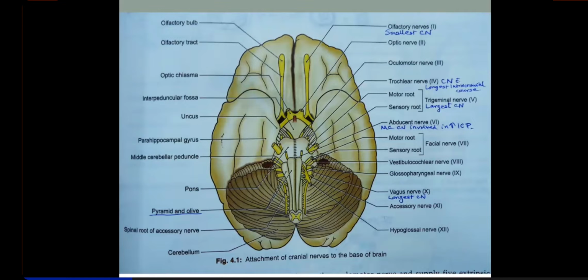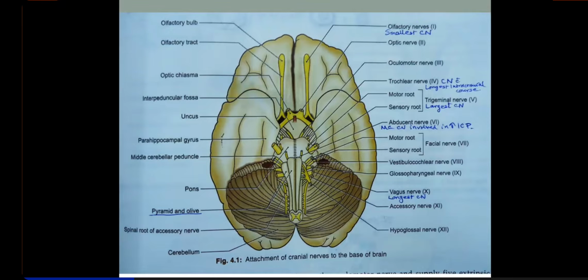Okay? So here the lower motor neurons, you can say, they innervate the muscles of opposite side. Normally I told you that lower motor nerve palsy, we discussed in the spinal cord, is always ipsilateral.